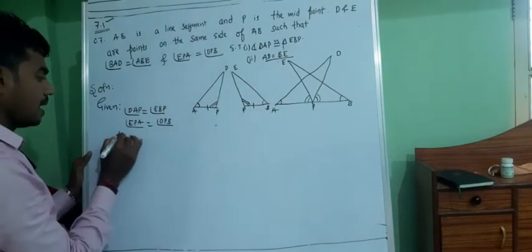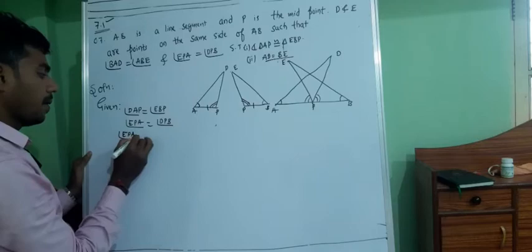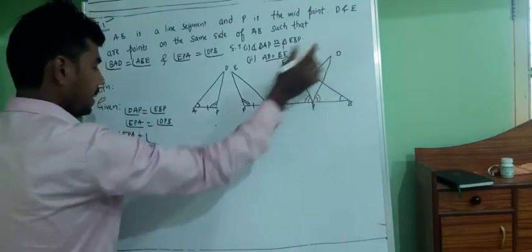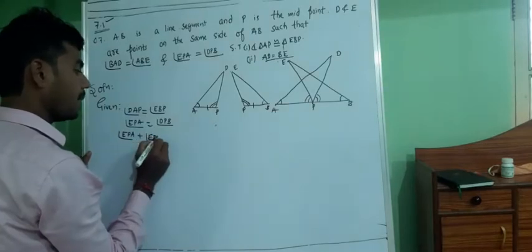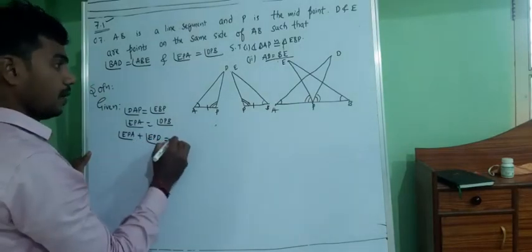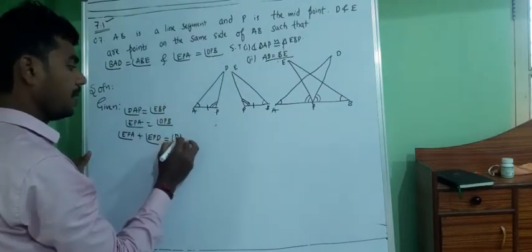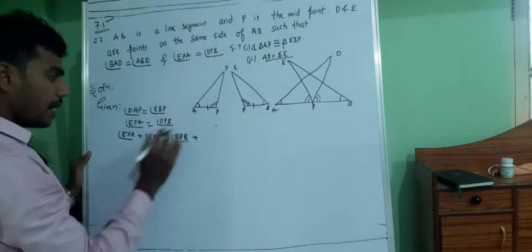So angle EPA plus angle EPD. I am going to add angle EPD on both sides, equal to this DPB.